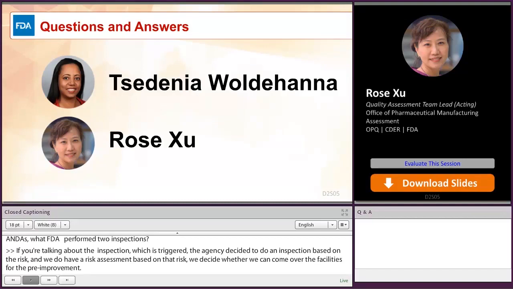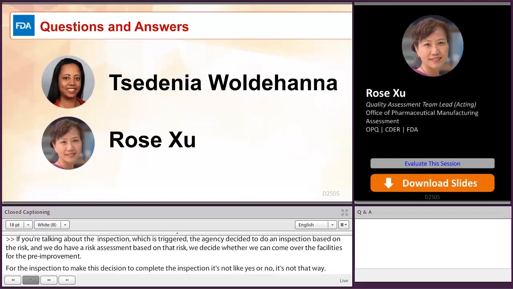We have another question. So do R&D facilities need to self-identify per GDUFA? Can you repeat that question again? Sure. Do research and development facilities ever need to self-identify under GDUFA?